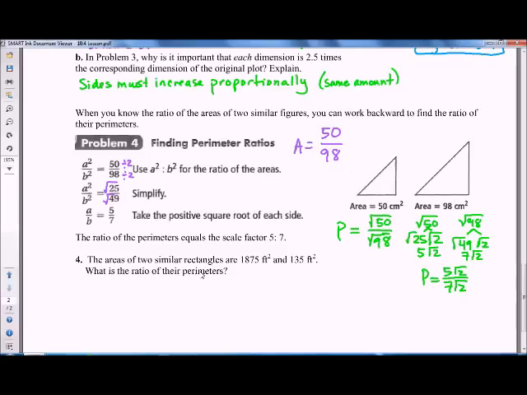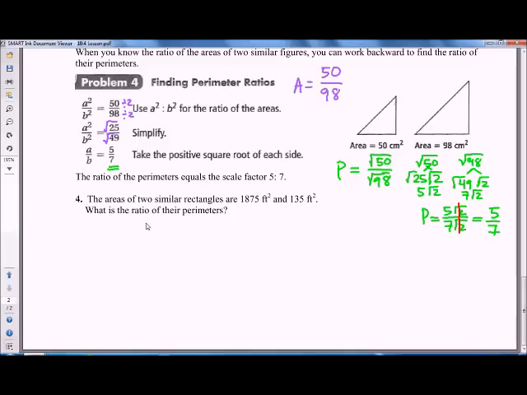And look, top to bottom, that is going to cancel. Square root 2 on the top cancels with square root 2 on the bottom. And we get a perimeter ratio of 5 to 7, which is the same thing we got over here. So you can simplify these by reducing down first, always a good idea, or by simplifying your radicals.